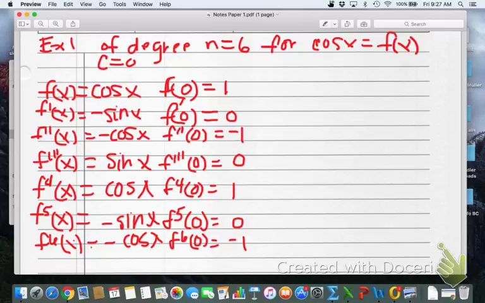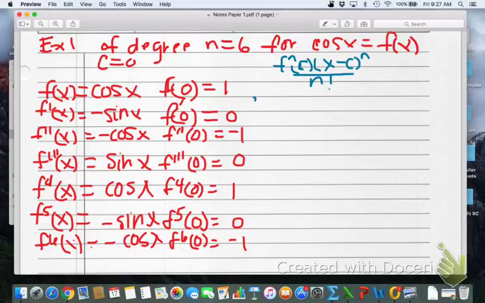All right, let's go ahead and write up here the formula for each of those terms again. Each term is going to be the nth derivative evaluated at c, times x minus c to the n, all over n factorial.